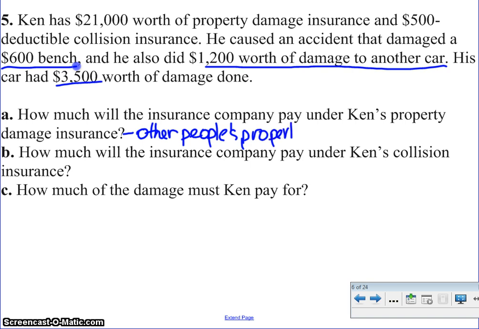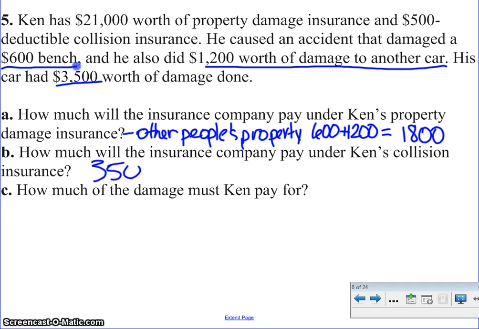So in this case, we're looking at the $600 bench plus the $1,200 damage to the other car. So the total that's going to be paid under his property damage is $1,800, a total of the bench and the damage to the other car. The second question says, how much did the insurance pay under Ken's collision insurance?